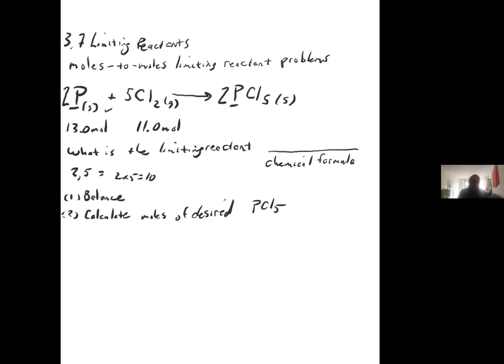They gave you the moles of this one. What's the thing we can calculate? This one. So that's the desired one. Okay, actually, they didn't even tell you that's the desired one, but I'm showing you a method for doing this. So calculate moles of desired from each reactant separately. Do it separately, 2 separate calculations using the balanced equation.